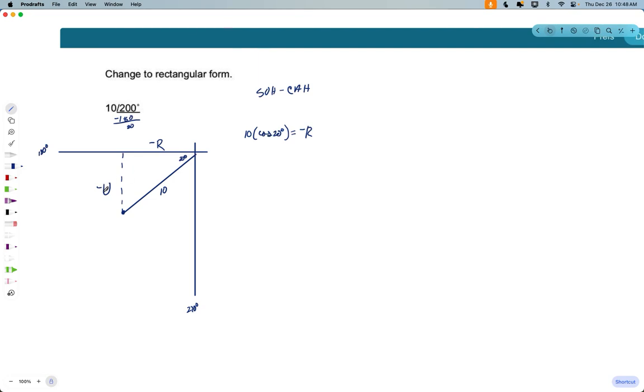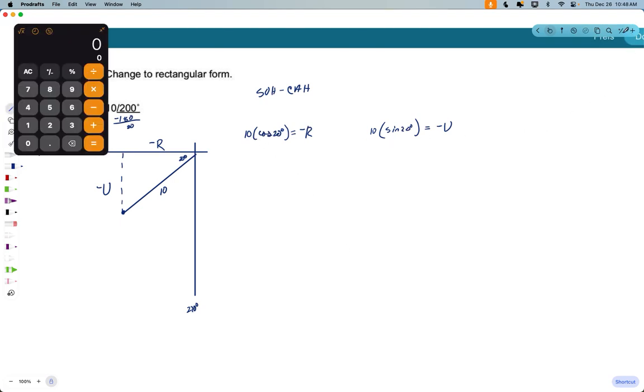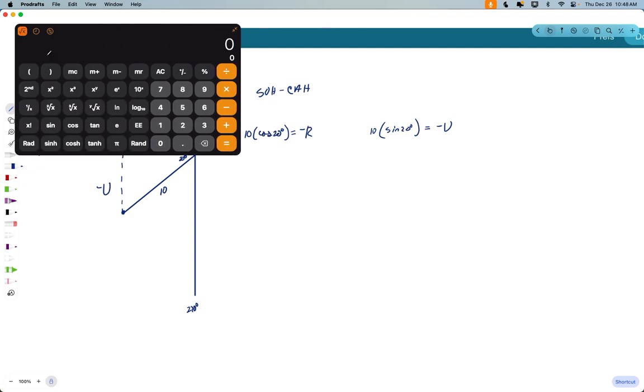It's going to be negative U. So that's going to be 10 times the sine of 20 degrees is equal to the negative U. So now I just need the calculator. So I say 20 cosine times 10. 2 decimal places would be 9.40.